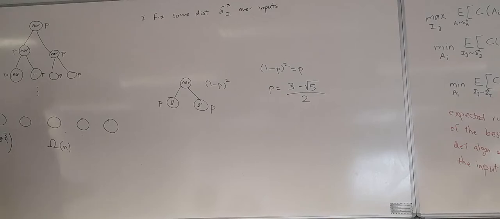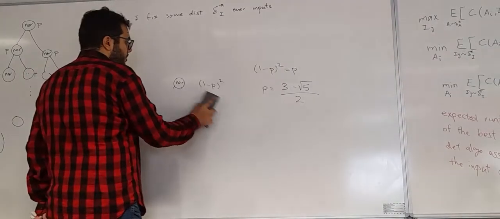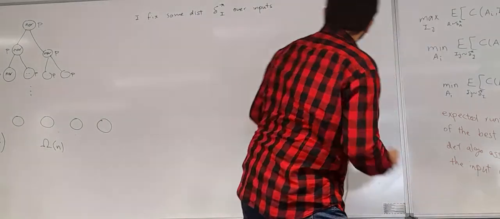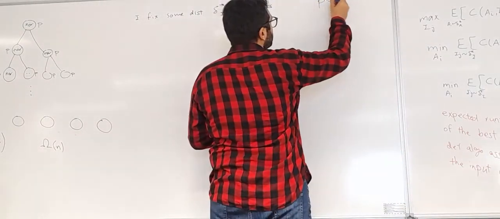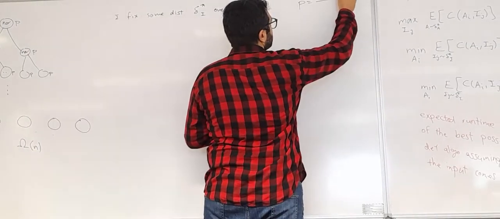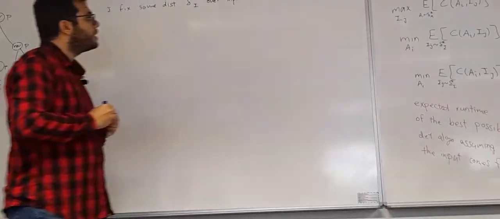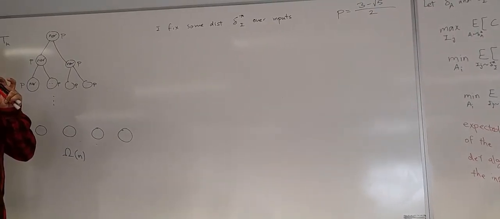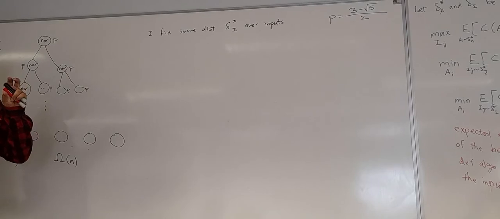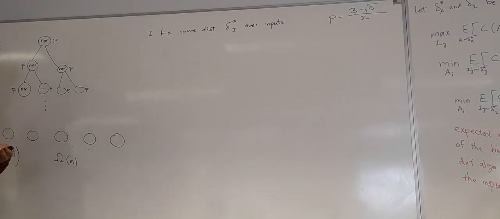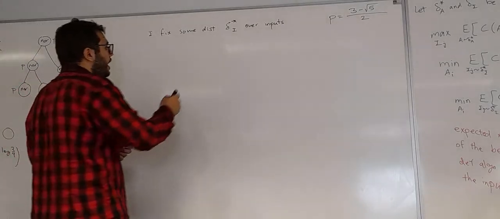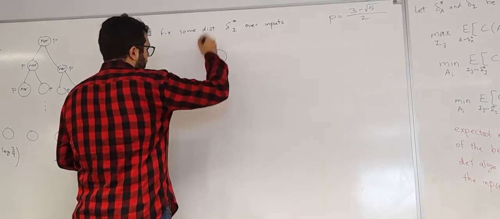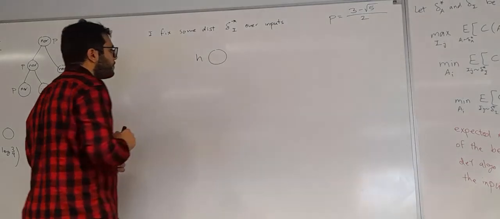Now, what is the best that an algorithm can do? Here, p is (3 minus square root of 5) divided by 2. We said that any deterministic algorithm, in order to find the value of some node, has to first find the value of its children. So let's say I have some node here, and the height of this node is h.